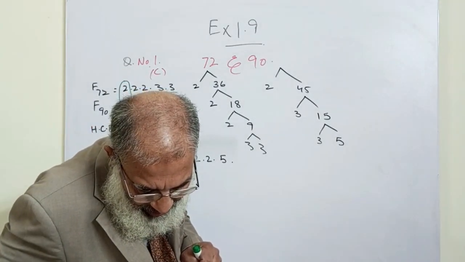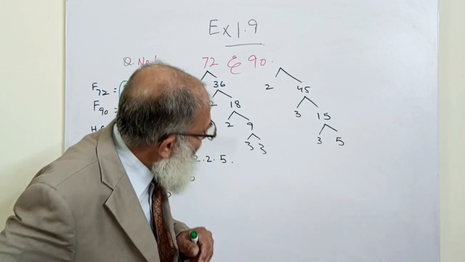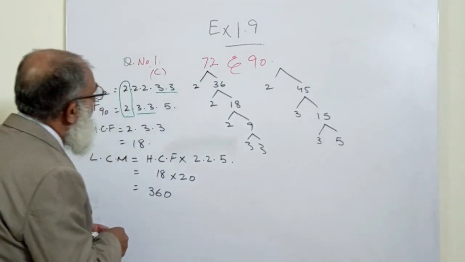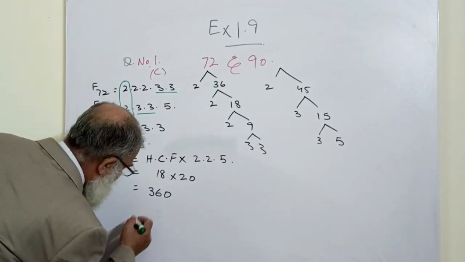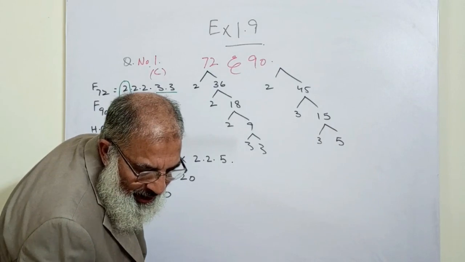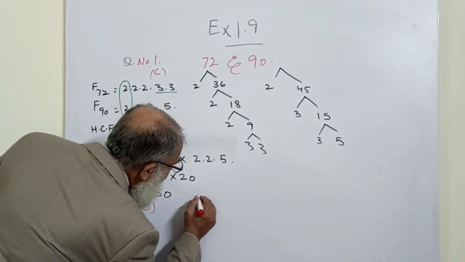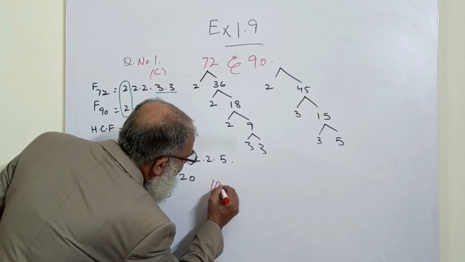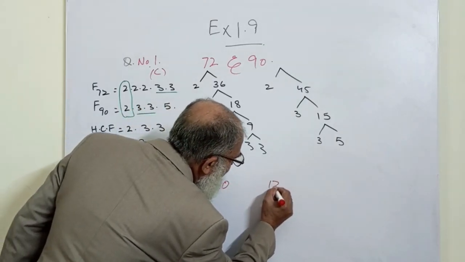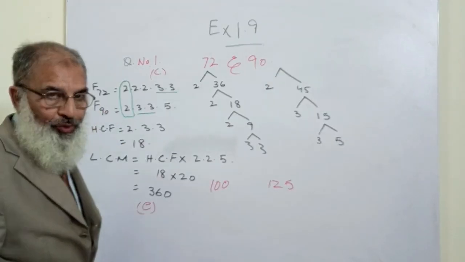The next question. I take the next question, part E now. Part E is 100 and 125. 100 and 125, so it must remain visible with you.